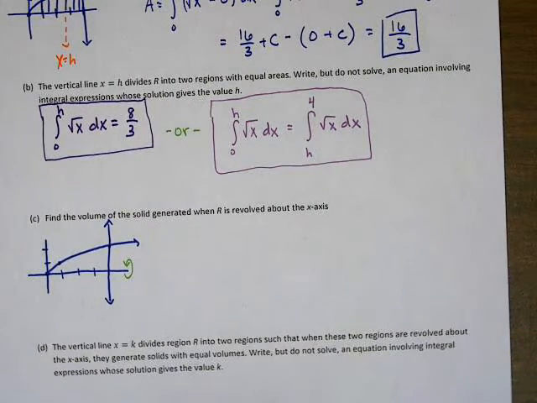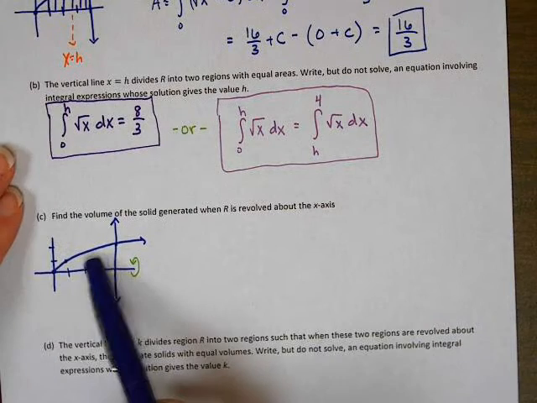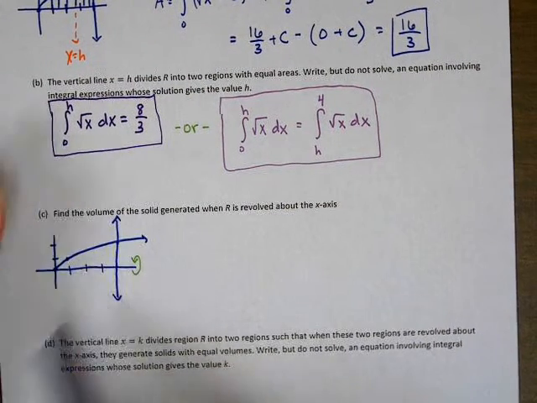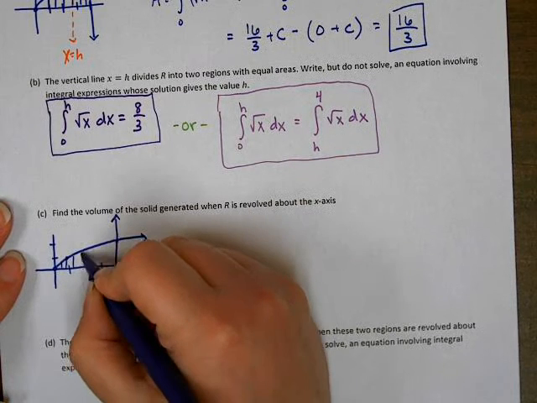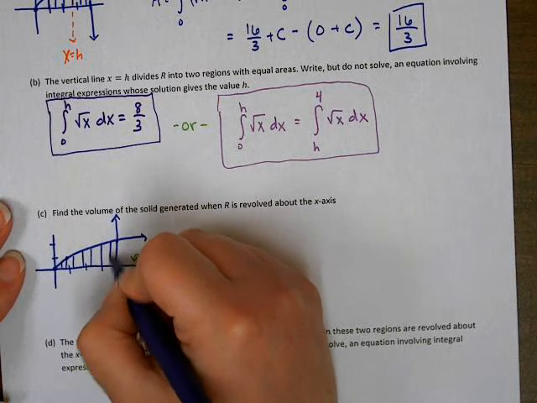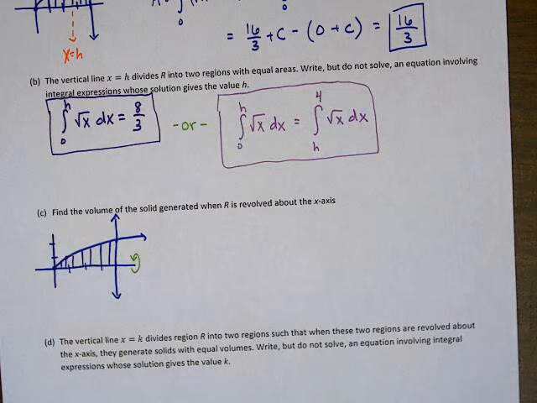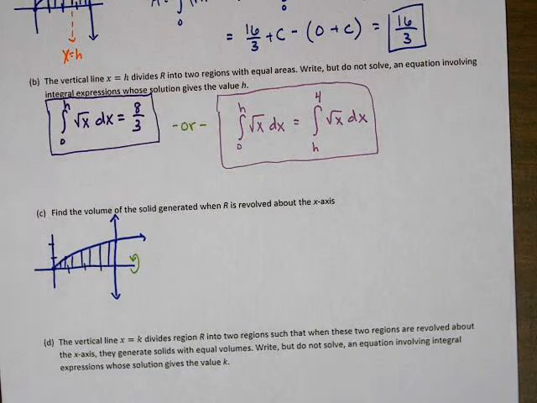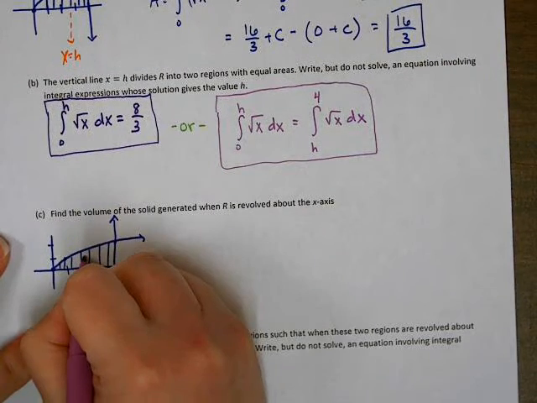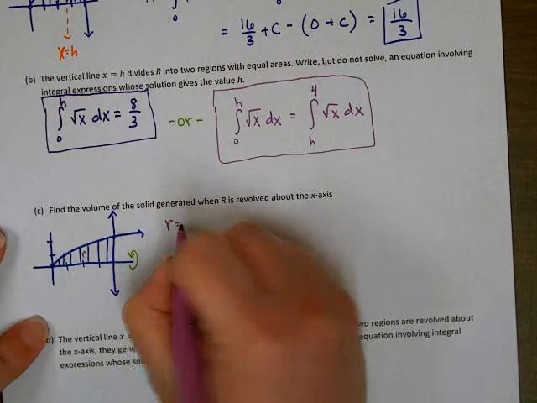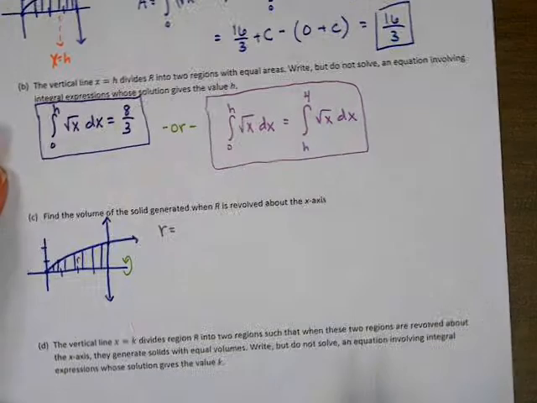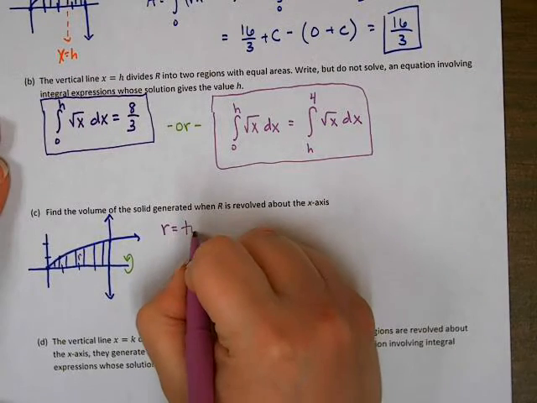And so if we imagine taking this area in here and revolving it, there's not going to be any holes. And so I'm going to draw in my area here. My cross sections will be perpendicular to the x-axis. So that means that whatever this is right here is going to be the radius. Since I'm going to do this with respect to x, the radius is going to be top minus bottom.